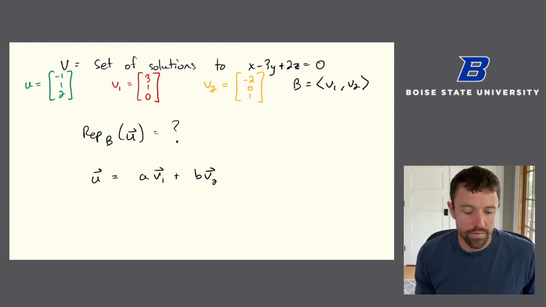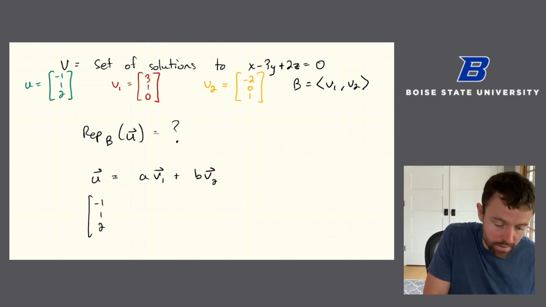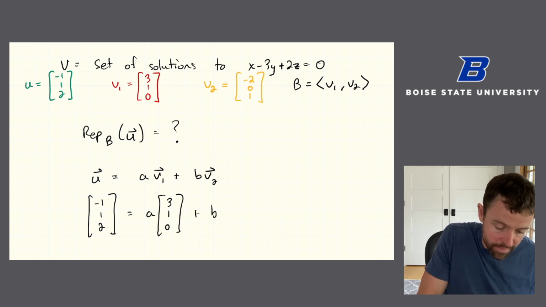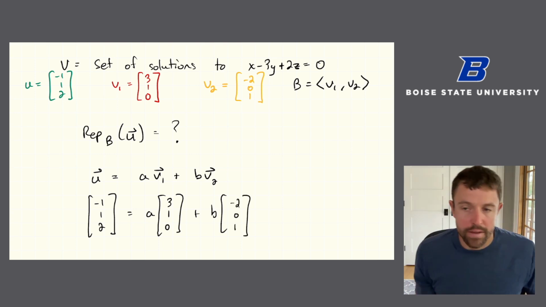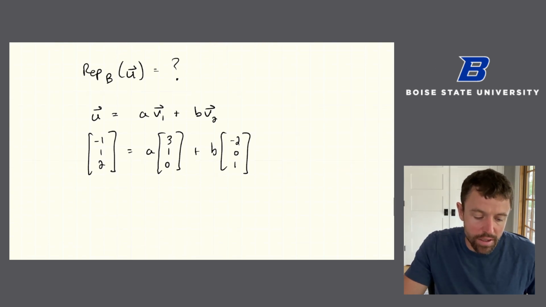How do I solve this? Well, let's write out what this looks like. This is a vector equation, a linear vector equation, and we know that linear vector equations are equivalent to linear systems.